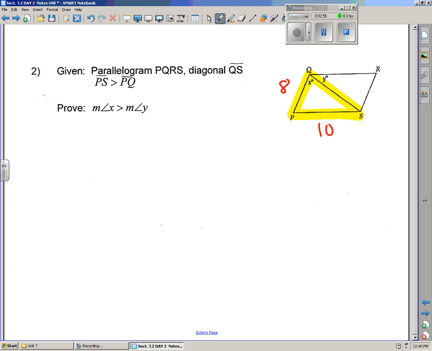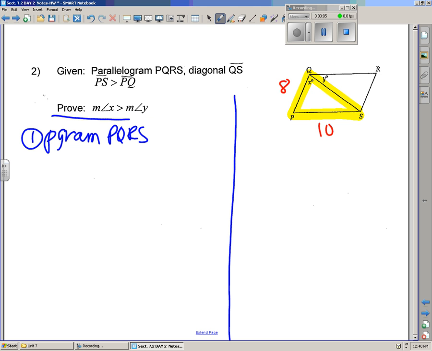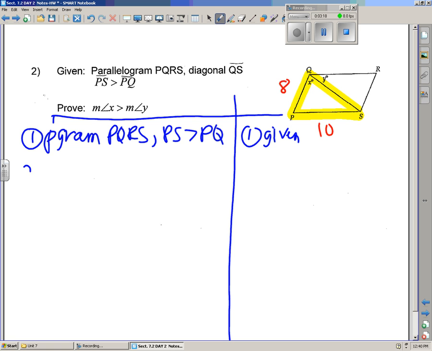So we now have your first statement as p-gram PQRS. And with that, you also have the diagonal, which I'm not going to write, but feel free to put it in there. And PS is more than PQ. And that's given. Okay.